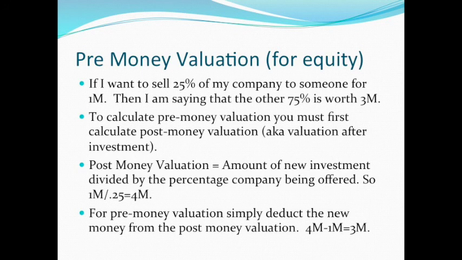In this case, we're offering 25%. So we take the amount of the new investment, $1 million, divided by 25%, which gives us $4 million. That's the post-money valuation. The value of the company after this investment will be $4 million. To come up with the pre-money valuation, we simply deduct the new money from the post-money valuation. So $4 million post-money valuation minus $1 million gives us a pre-money valuation of $3 million.